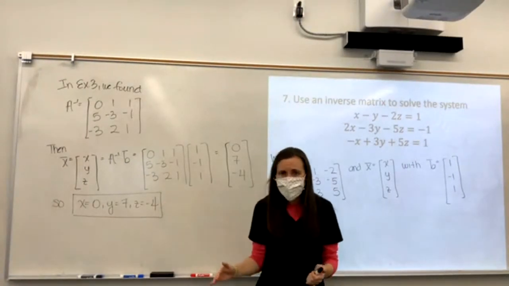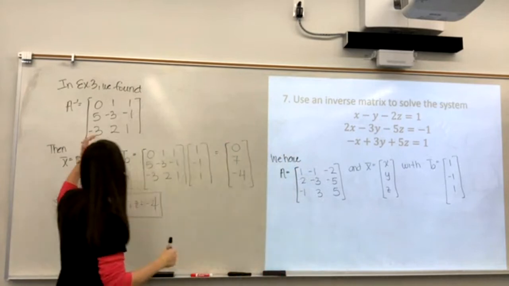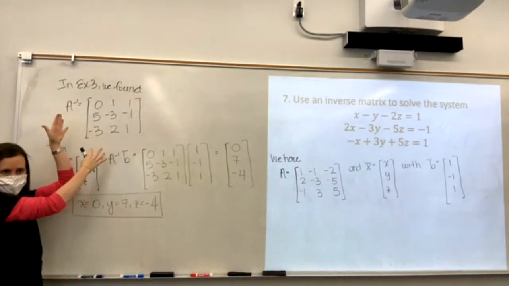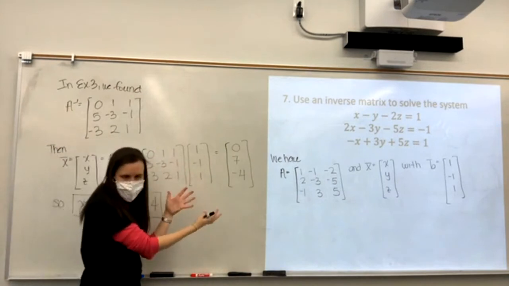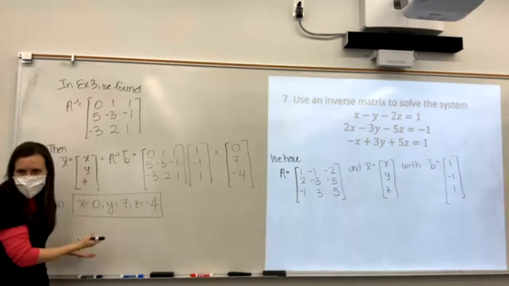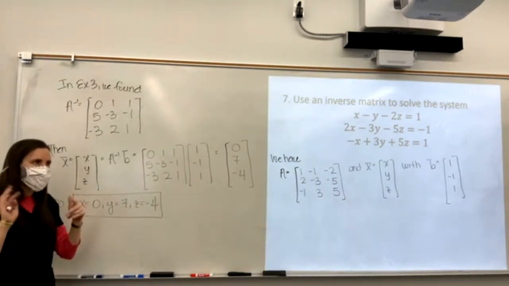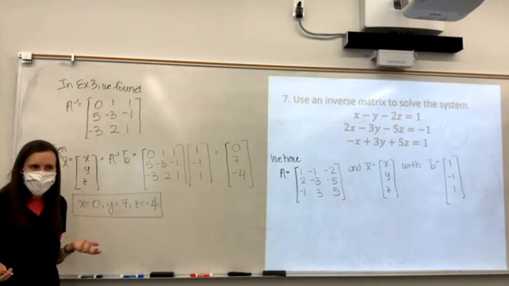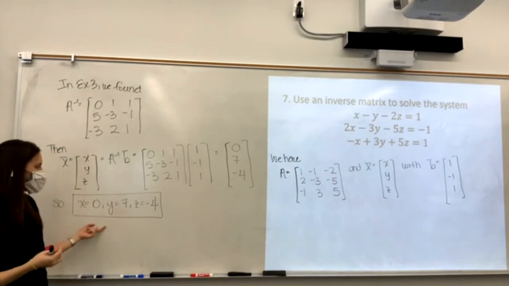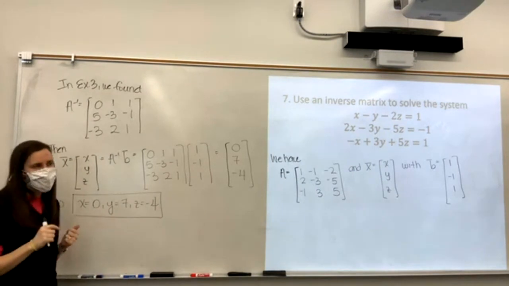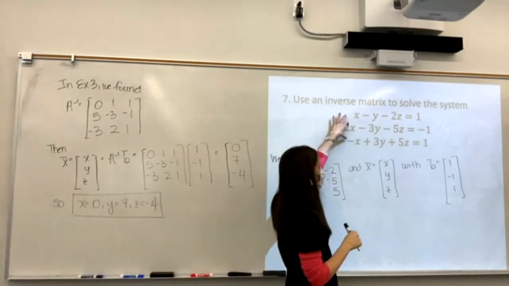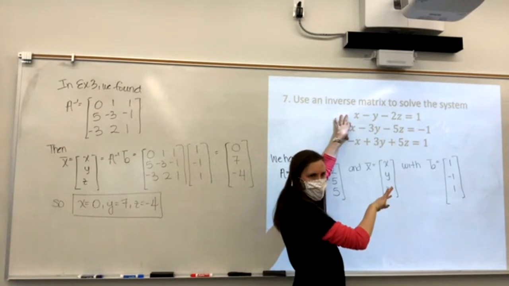That's significantly faster than going through the process of finding this inverse matrix and then multiplying the inverse matrix by B. You get to the same answer in the end. So it's kind of cute in theory to know that such a thing is possible. But in practice, this is a really inefficient way to solve a system, right? It's much faster just to take the system you've been given and row reduce and be done with it.